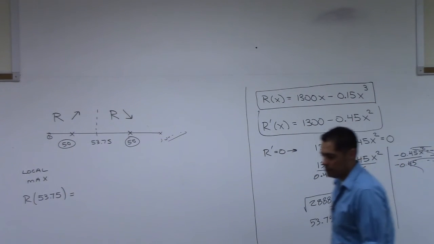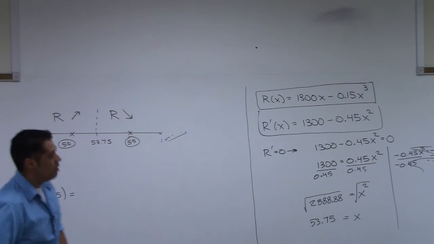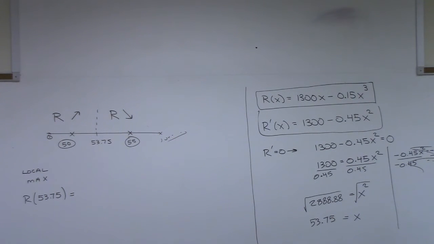I have my phone, I'll do it. So keep in mind though, in terms of the business, you can't have a decimal demand. But for us, we would basically be saying, okay, 53, 54. Somewhere in there, we're going to get the most revenue, right?